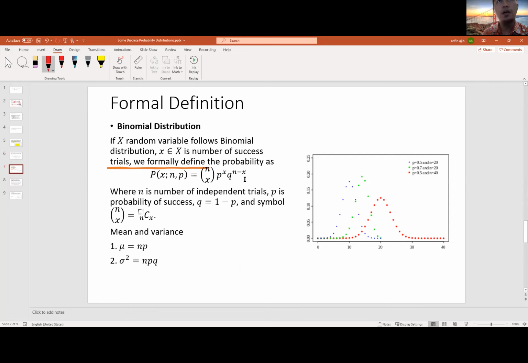So right now I will explain the formal definition of binomial distribution.